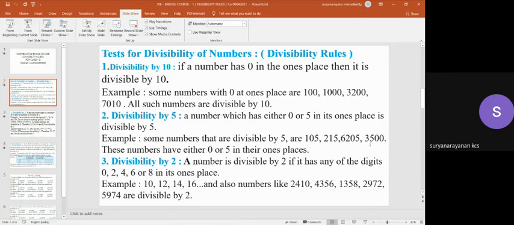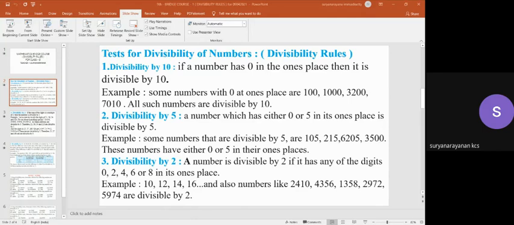In all these numbers, if you concentrate on ones place, either 0 or 5 are there. Yes or no, my children? Yes, sir. So we can say that these numbers are divisible by 5.